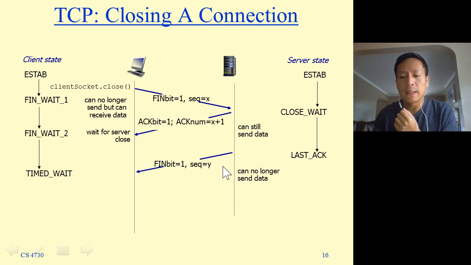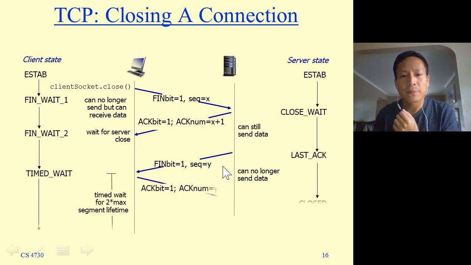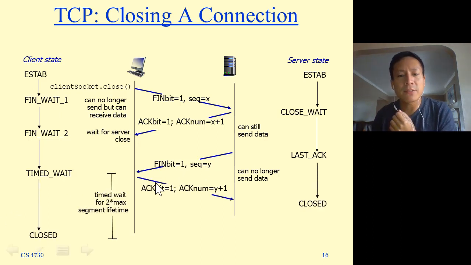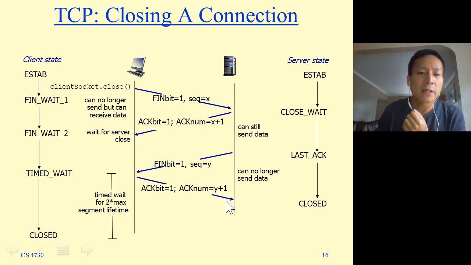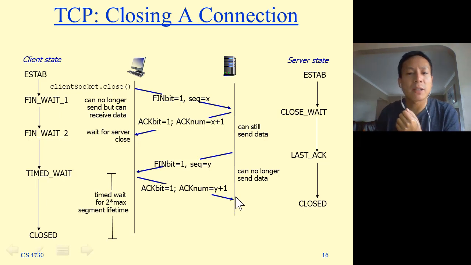So they enter another state, okay? The client will send an acknowledgement: okay, I got you. I know that you have finished sending all the data to me as well, so we can officially put it at closed. All right.